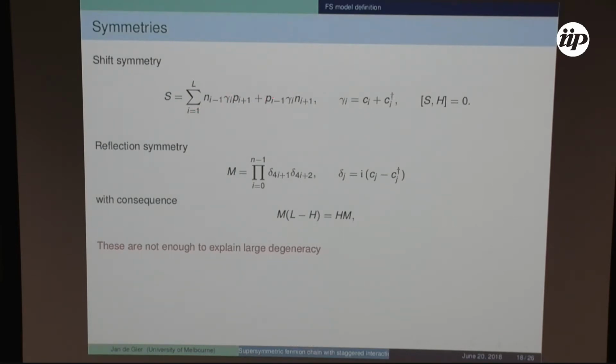This shift symmetry allows you to move between sectors. What it does is shift the domain wall by one step. So if you have a number of domain walls at even sites, then this creates a linear combination of states with at least one domain wall on an odd site. And then there is this M operator that reflects the symmetry. So there are a number of symmetry operators, but these are all discrete symmetries, and they explain some bit of the degeneracy, but not the very large one. So this is not enough to explain the extensive degeneracy.